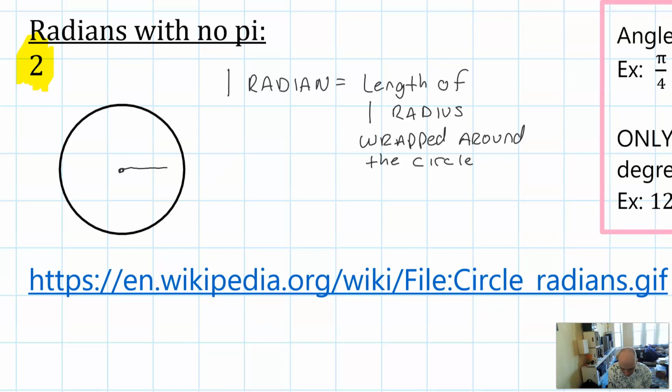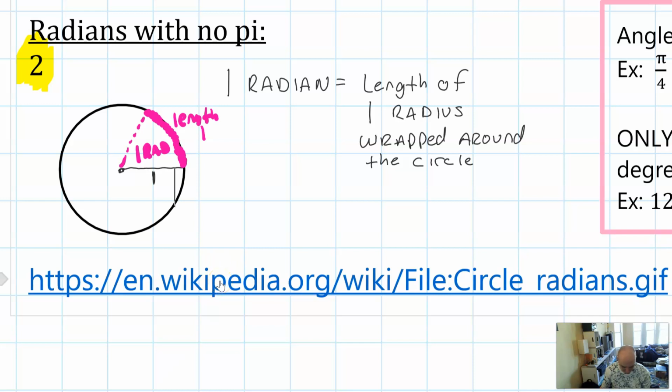The length of 1 radius, if you take that little segment and wrap that exact length around the edge of the circle, it'll be about this long, approximation, then that is 1 radian. So this would be like an arc of length 1.